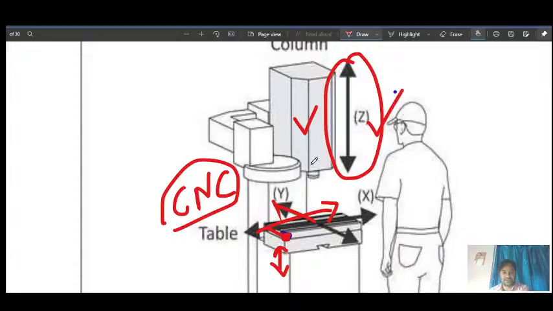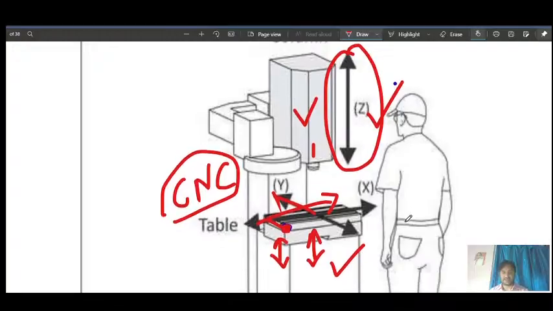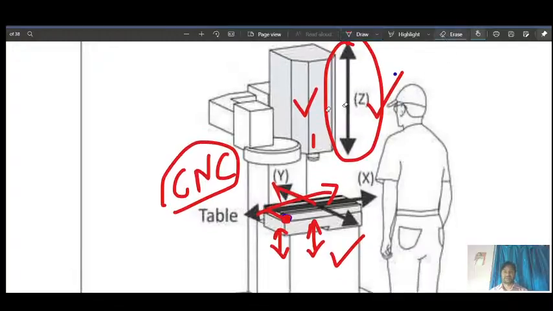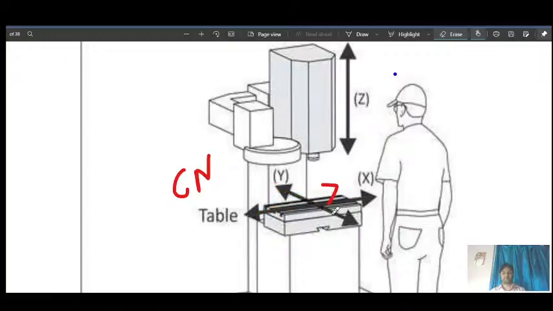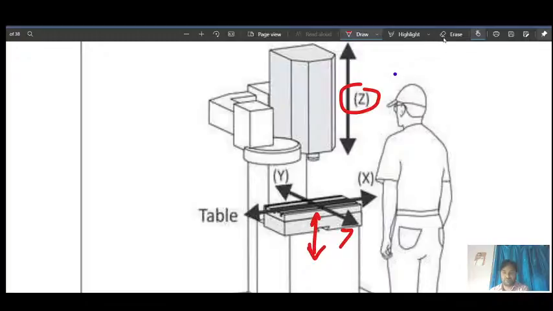So we can change the height of the tool and we can change the height of the work on the table. But in general, instead of giving z direction in the tool, it is given in the table.